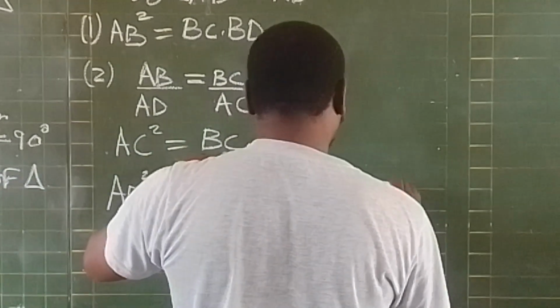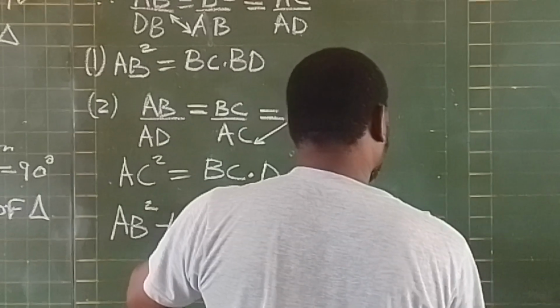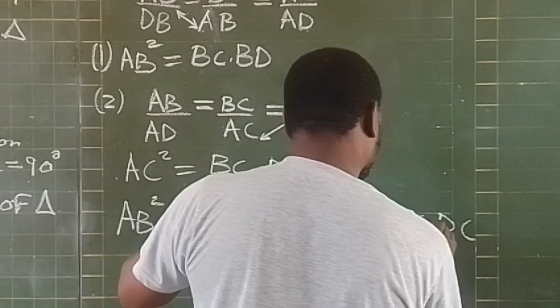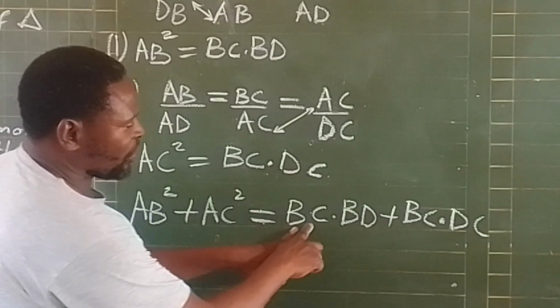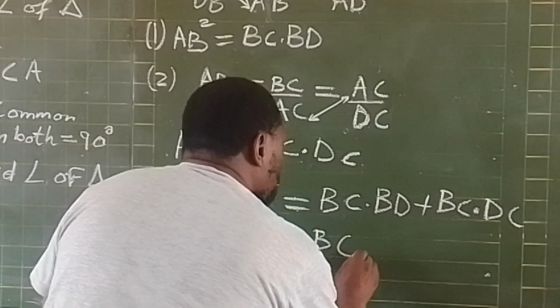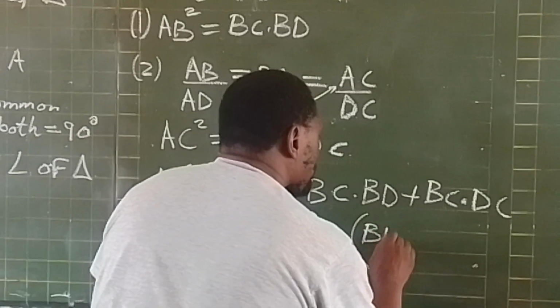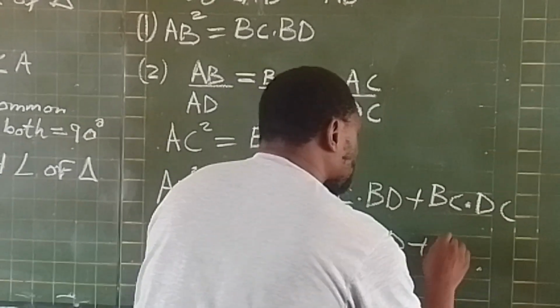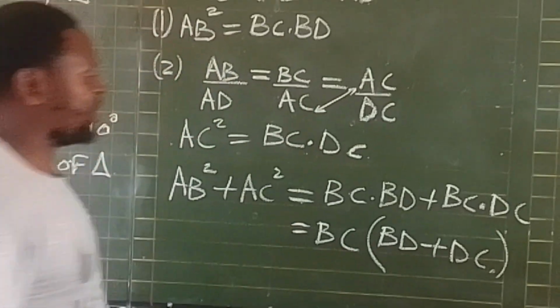It's BC times DC. This is what we have. Now let's rearrange here. We have a common factor BC. It's going to be BC into BD plus DC. This is what we have.